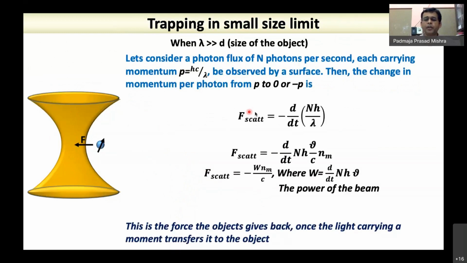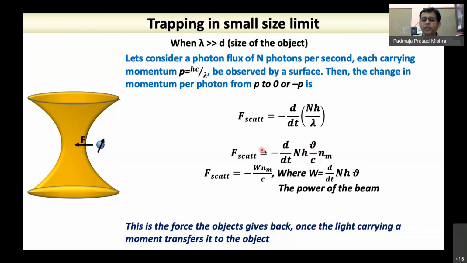The scattering force can be the rate of change of N h by lambda, where N is the photon flux per second and lambda is the wavelength. So the scattering force is the rate of change of the photon flux times Planck's constant by lambda, and we can replace this with h nu by c.